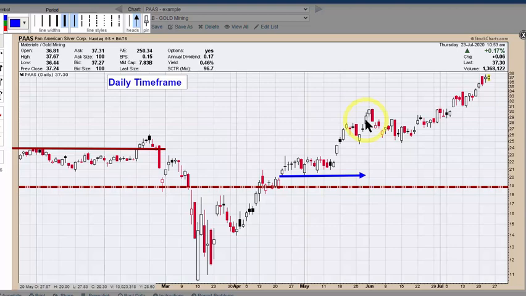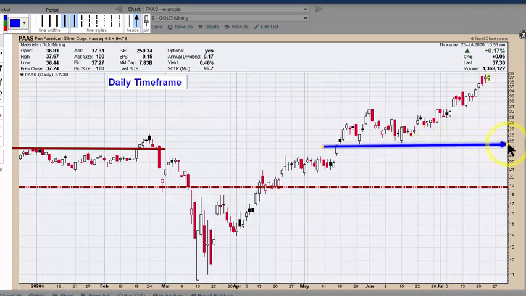Here on this candle, we take out the high. That's your cue to move up your stop, just below the swing low. Okay? Are you with me?